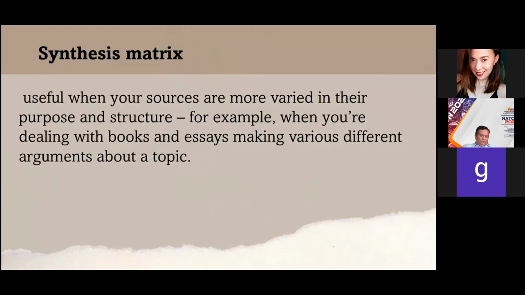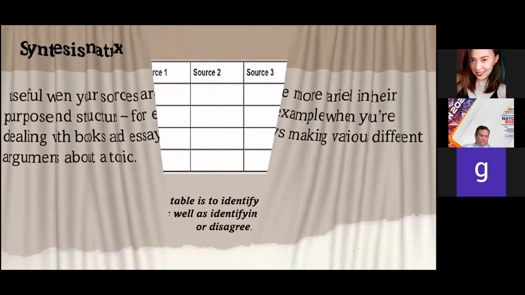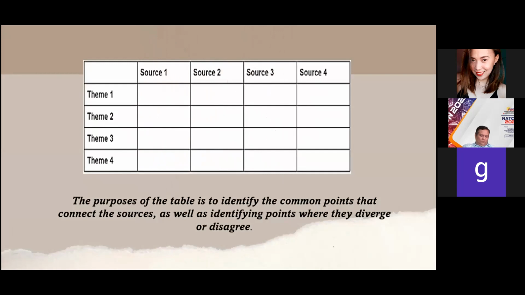Synthesis matrix. A synthesis matrix is useful when your sources are more varied in their purpose and structure. For example, when you are dealing with books and essays making various different arguments about a topic. Each column in the table lists one source.